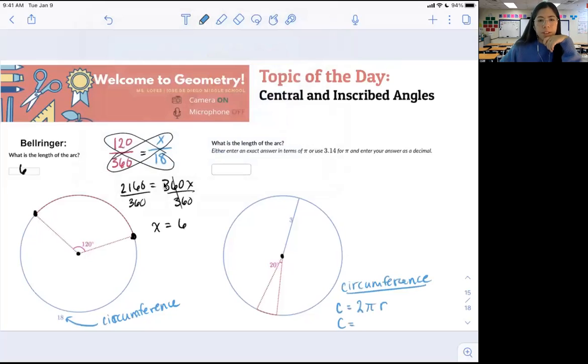And so they're telling us either enter an exact answer in terms of pi or use 3.14. Let's keep it as pi. So what Janelli says, that's what I'm going to use, 6 pi. Because the radius is 2, so it's 2 times pi times 3. Oh, the radius is 3, sorry. So I'm just going to leave it as 6 pi.